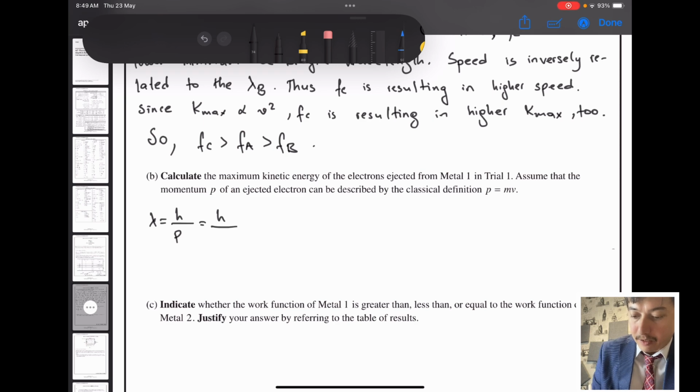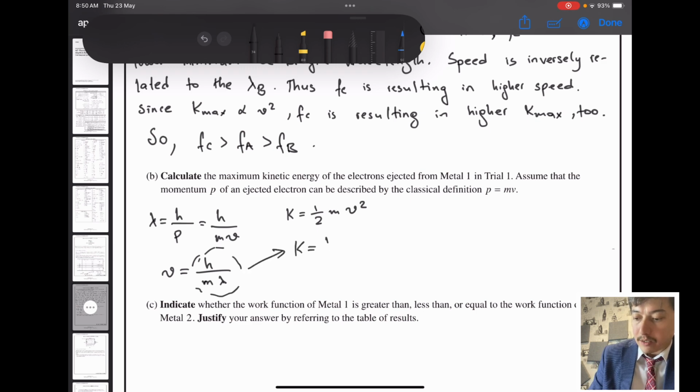De Broglie wavelength is equal to h over mv. From here, we can rewrite the equation for speed, which is equal to Planck's constant divided by mass times wavelength. So since kinetic energy is half mv squared, let's bring this into this equation.